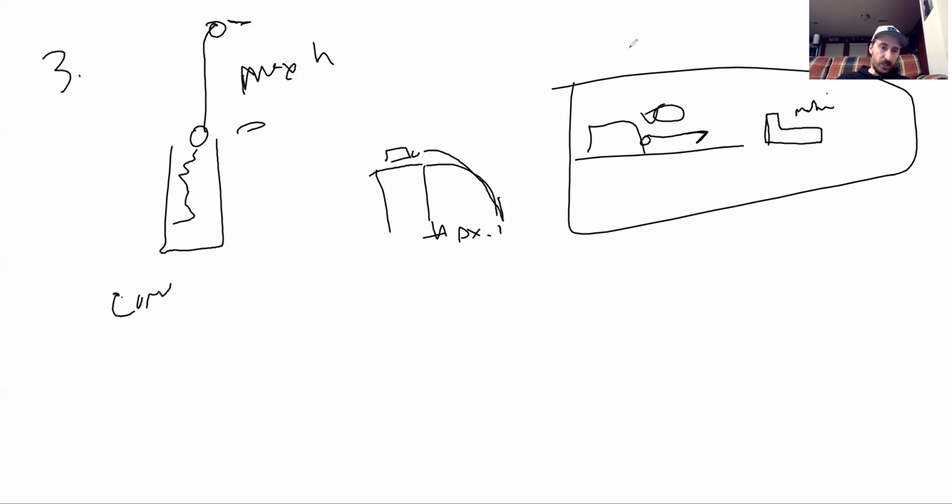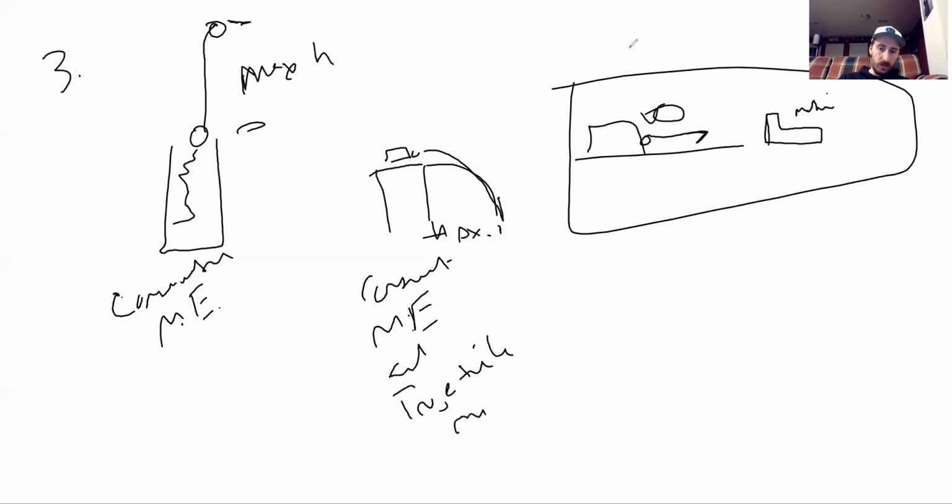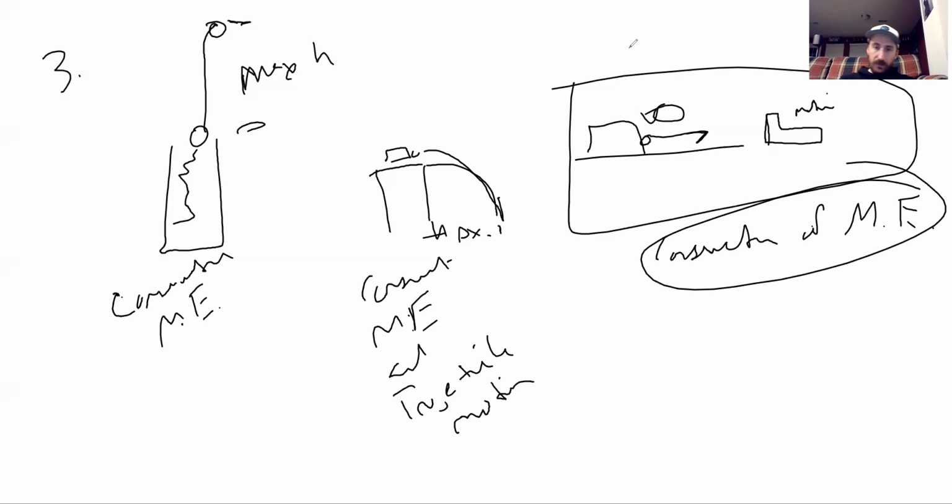The horizontal distance option would still be conservation of mechanical energy and projectile motion. And the motion detector one is just conservation of mechanical energy. Whatever you want to use, that's what you're going to do. I'm going to use this one. So that's A-I.